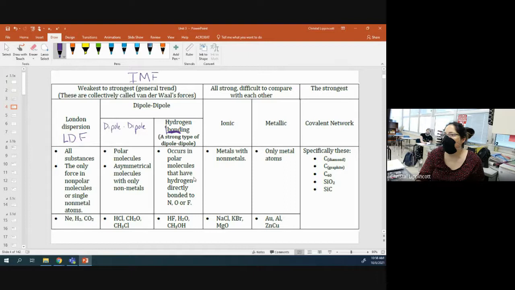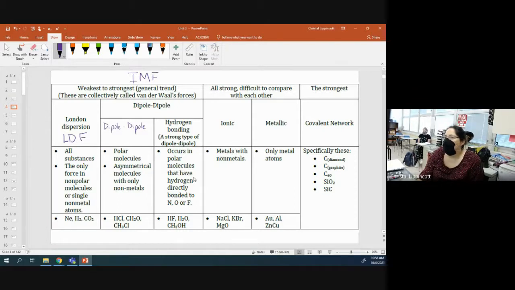We don't really like the fact that they call it a bond, because that makes you think of intramolecular forces, and this is not intramolecular, okay? So it's not between atoms, it's between molecules. So that word bonding here is not the best choice of words, but that's what they gave us, and that's what we have to work with, okay?